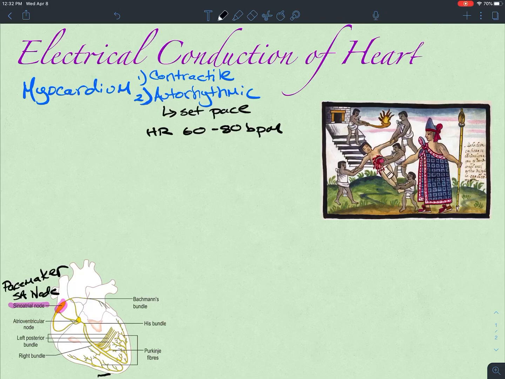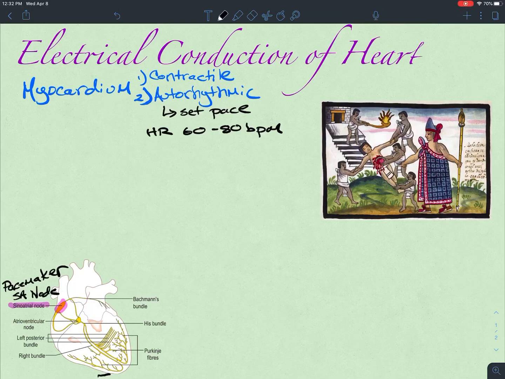Generally speaking, and it will certainly vary from individual to individual, it is going to have an action potential or a depolarization and repolarization event 60 to 80 times per minute.